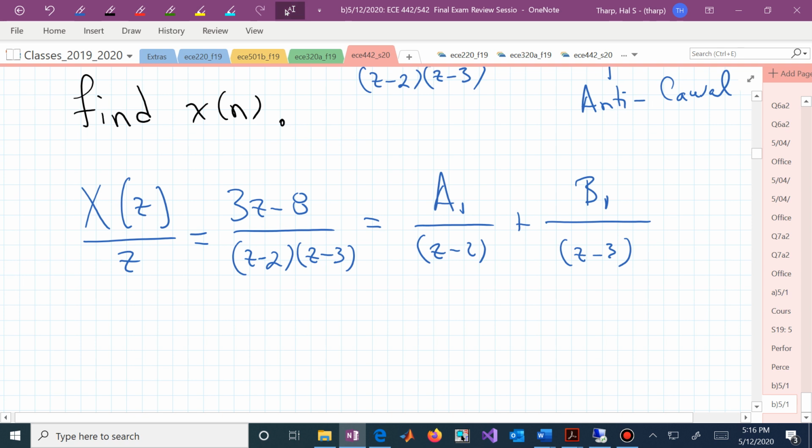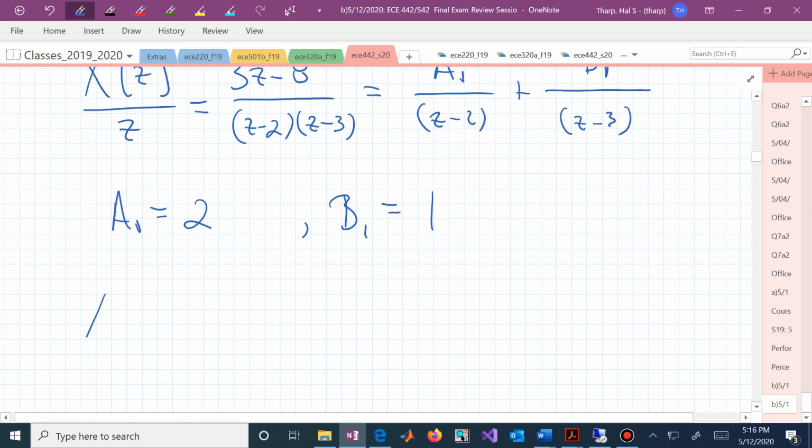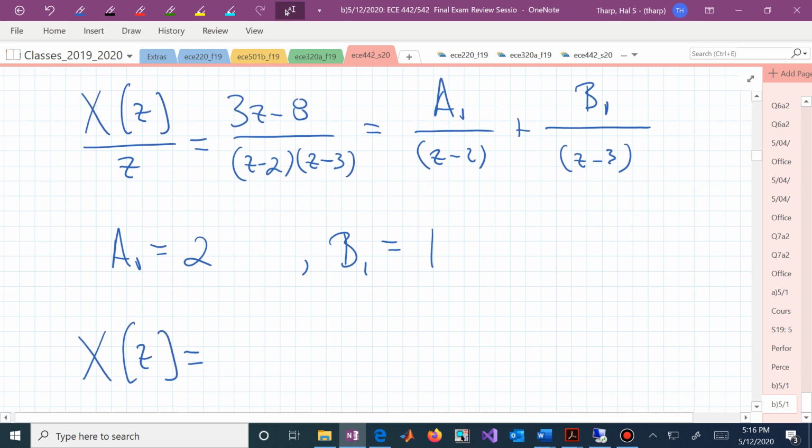You should be able to do the cover-up method and find a1. a1, if you do that, will end up being 2. For b1, you do the cover-up method, replace z everywhere with 3, and you see that you have 9 minus 8 upstairs, or 1, divided by 3 minus 2, or 1 downstairs. B sub 1 becomes 1. X sub 2 of z, if we multiply both sides through by z, is 2z over z minus 2 plus z over z minus 3.